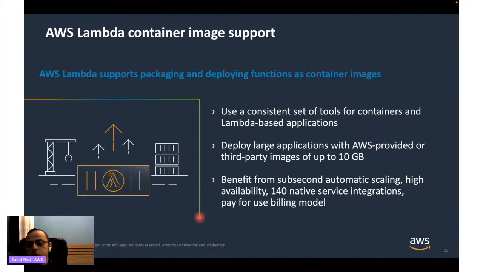And also you don't have control over how the runtime will behave. All you can do is code, and that gets executed behind the scenes for you. So we have done, through some extensions and container image support, we have tried increasing the adoption of Lambda so that you can integrate with your existing set of tooling.